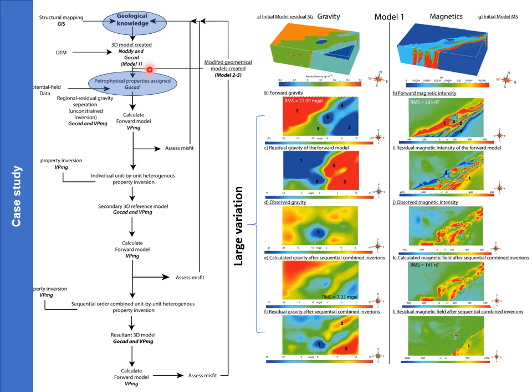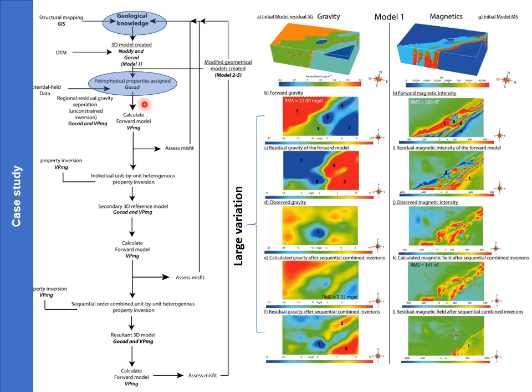And so essentially the process thereafter involved iterative steps of inverting for geometry and comparing it with the observed data, and then inverting for petrophysical properties.